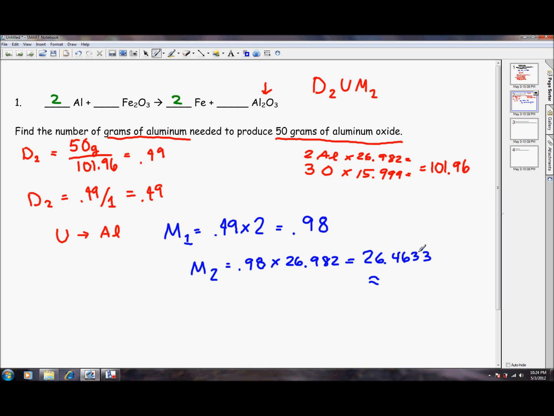If you're rounding, you can just drop off the digits after the decimal point. Before the decimal point, you have to replace them with zeros. So this is going to become a 0, so the question is, do I round this to 20 or 30? This is going to be 6, so I'm going to round it to 30 grams of aluminum.